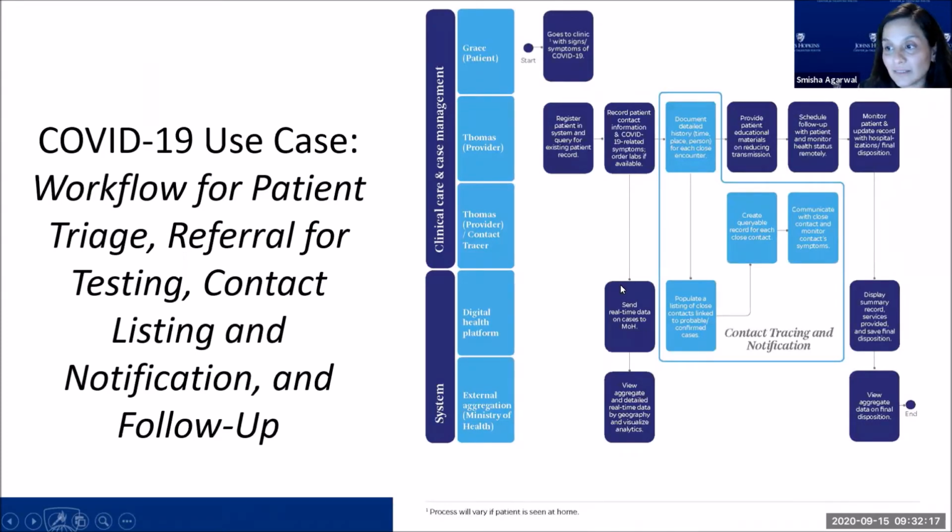So on the surface, these platforms appear to have a lot of similarities, but as you can imagine, given the surface level similarities, it can be quite difficult to make sense of what would optimally work in a given context. All of these platforms have functions that are suitable for the primary use case of case management, contact listing, and notification.